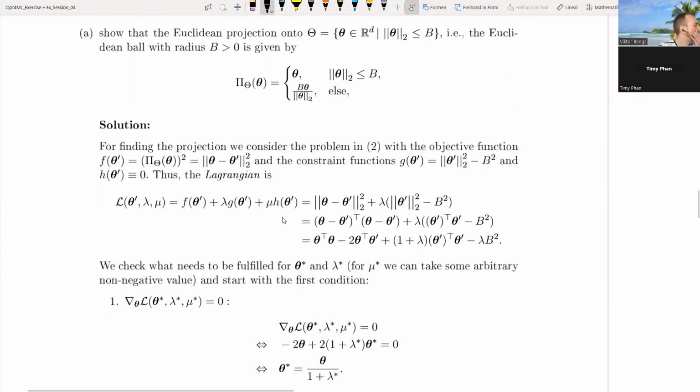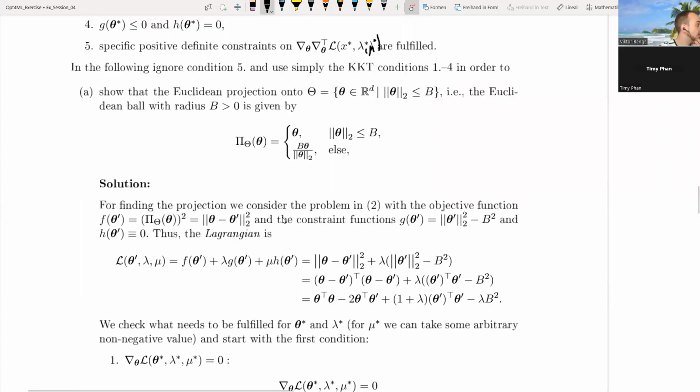We have to make sure to specify the functions we are looking at correctly, and then simply check these Karush-Kuhn-Tucker conditions. The function we want to minimize is the projection function, and to make life easier, we look at the squared Euclidean projection.